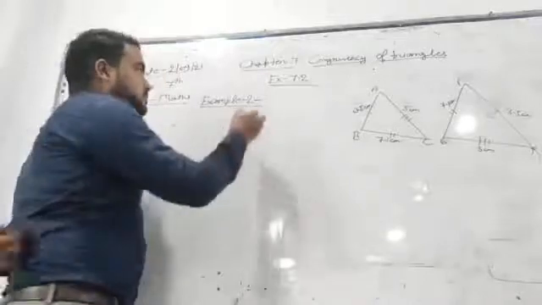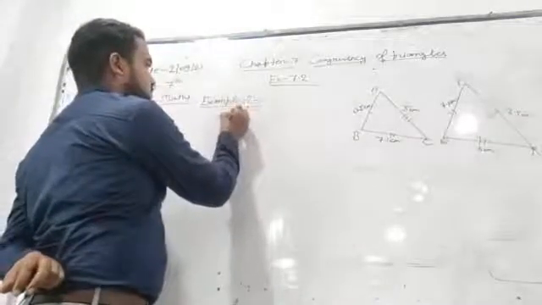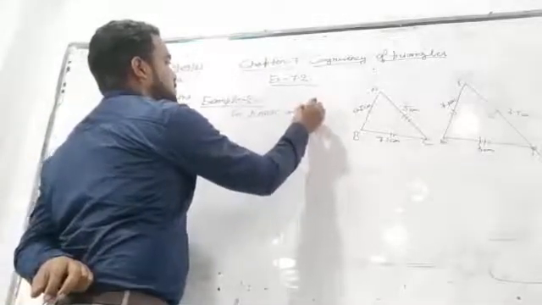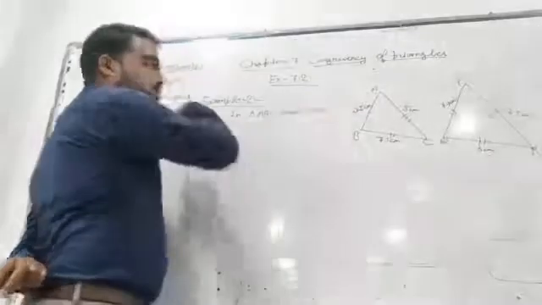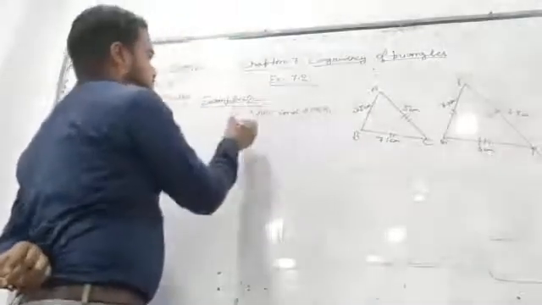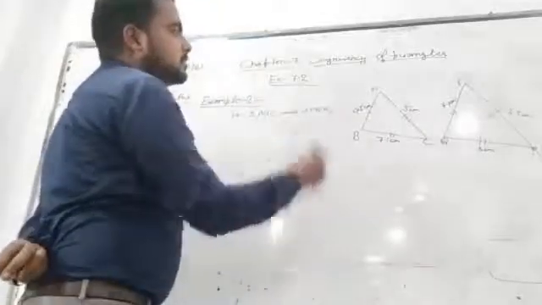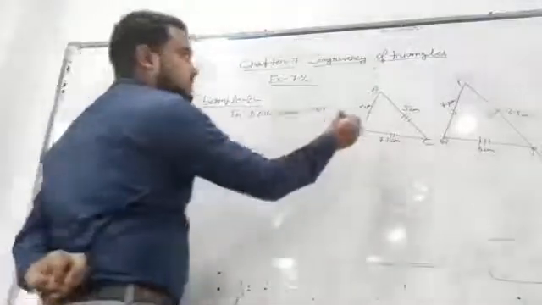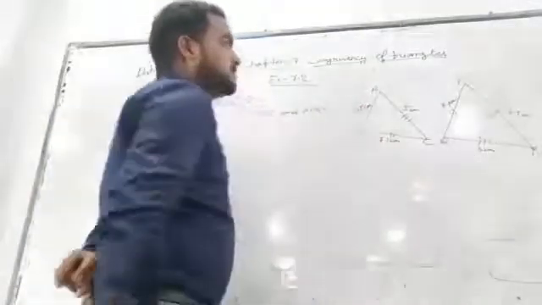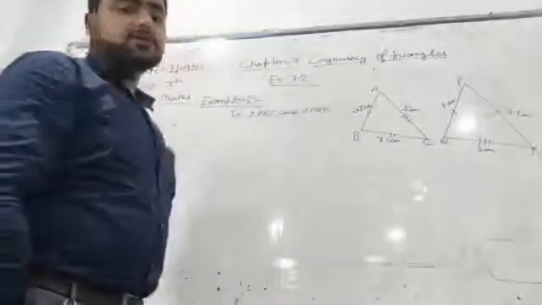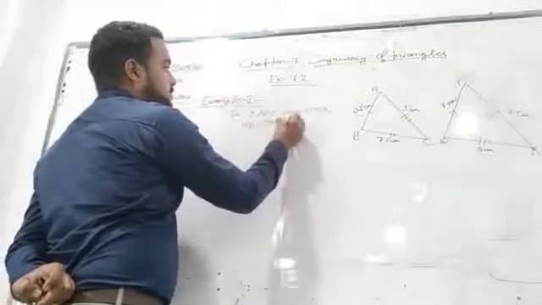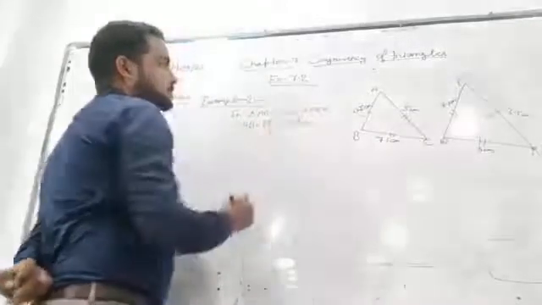So for that, the solution part, in triangle ABC and triangle PQR, we check here the equal sides. Here the first side we find here AB. The side which is equals to it in triangle PQR is the side PR. So AB is equals to PR, which is equals to 3.5 centimeter.